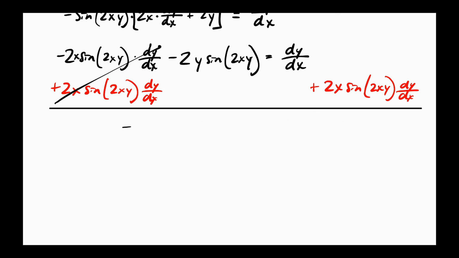That goes away. So I have -2y sine of 2yx equals dy over dx plus 2x.